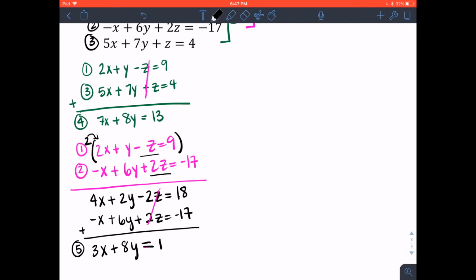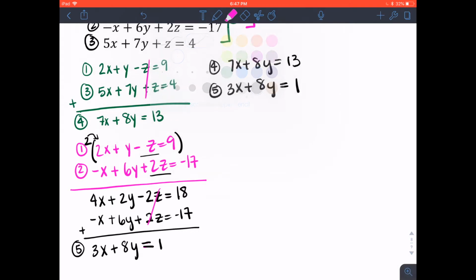So now what we're going to do is pair up our equation 4 and 5. So 4 is 7x plus 8y equals 13. And equation 5 is 3x plus 8y equals 1. So when I pair these up, I can see that my y's both have the same coefficients, but they can't cancel because they're both positive.